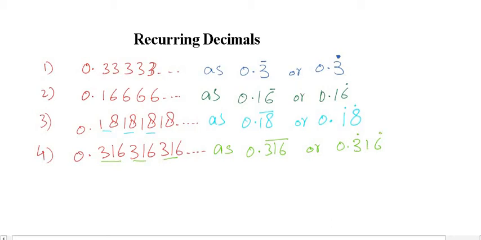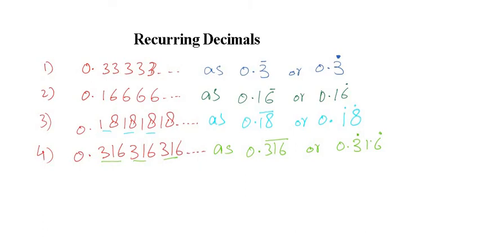It means the middle one is included between them. No need to write on the middle one. If you write it, it's okay. So it is the 316 repeating number. This is what recurring decimals are.